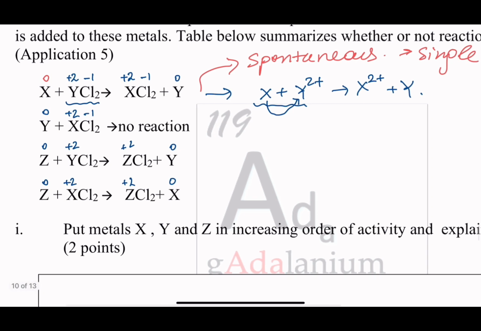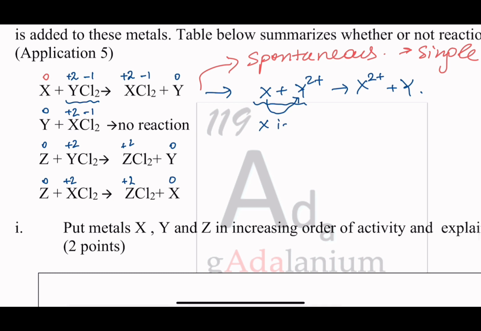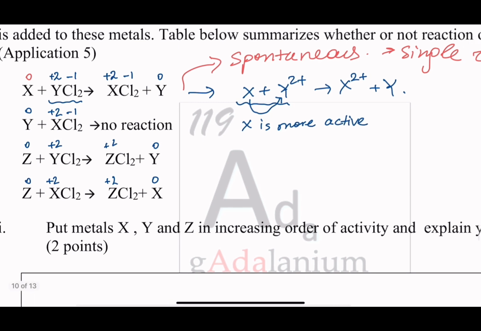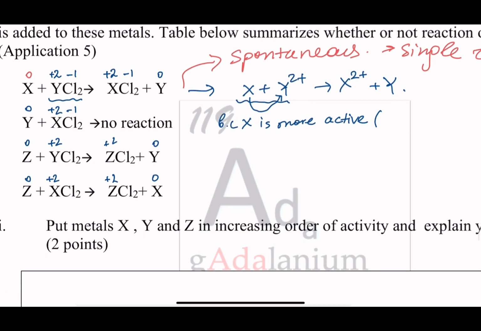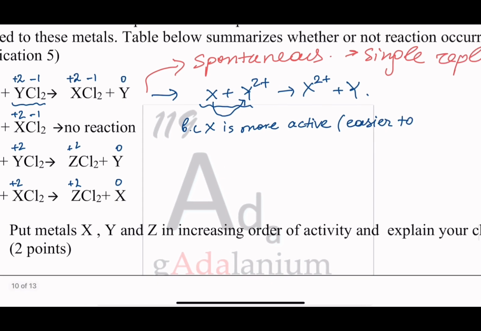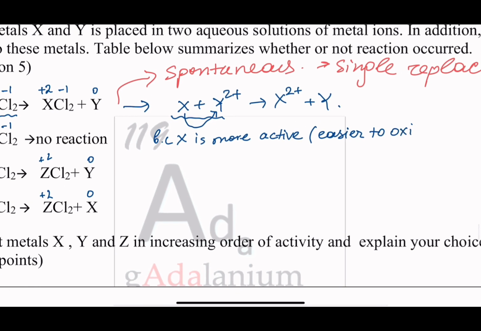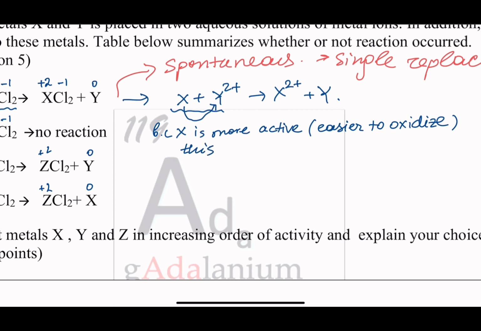But you need to say, because x is more active, and more activity means it's easier to oxidize, this reaction happens.